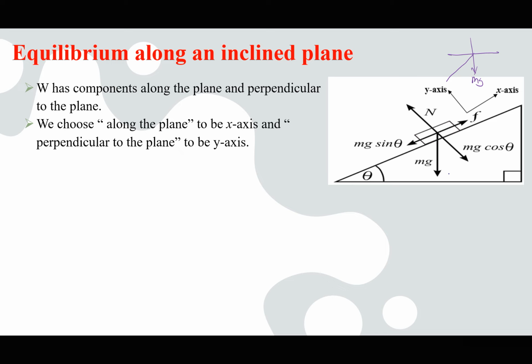We rotated this, so mg comes somewhere here when we rotate the axis, and this becomes a theta. So when we take this to the vertical, it becomes mg cos theta.